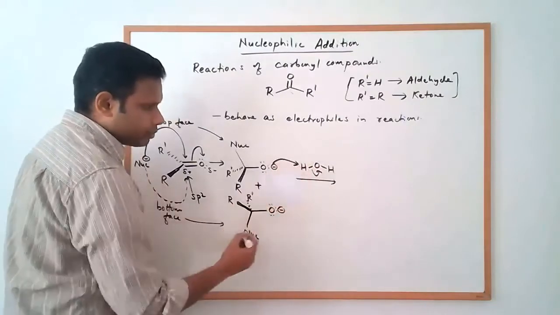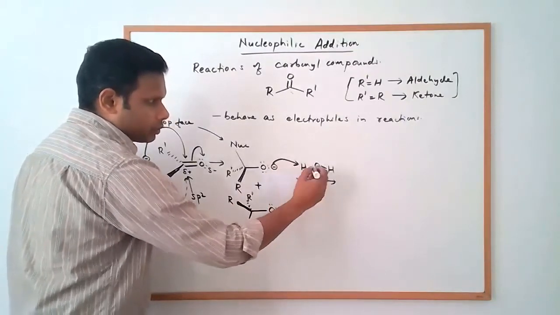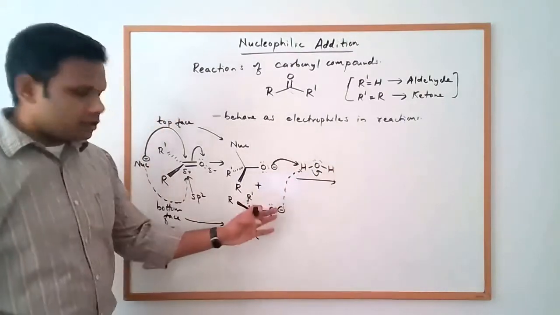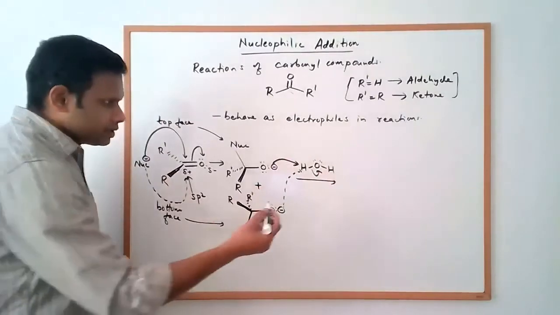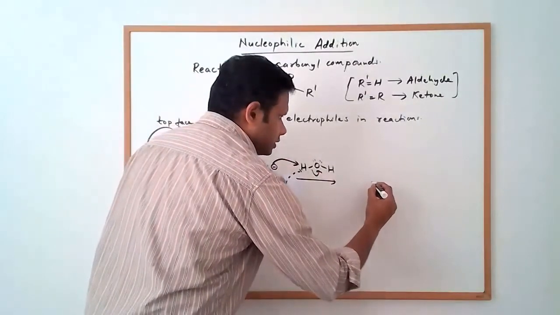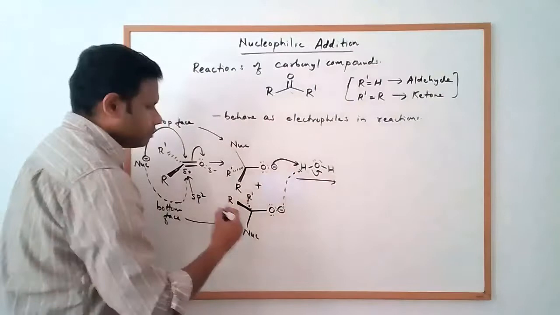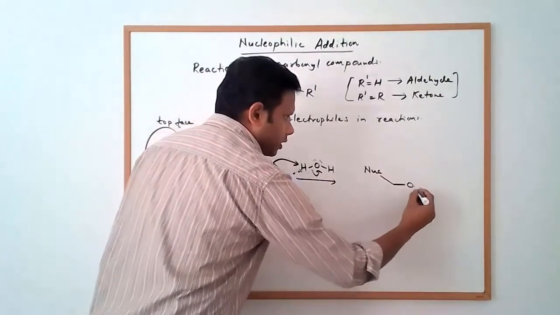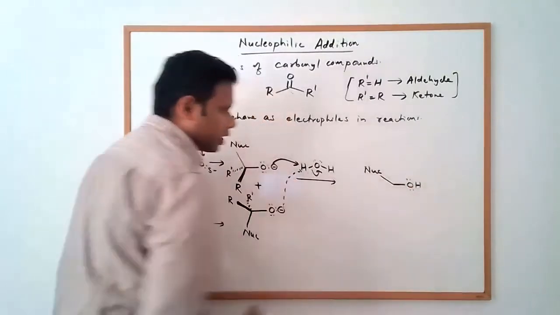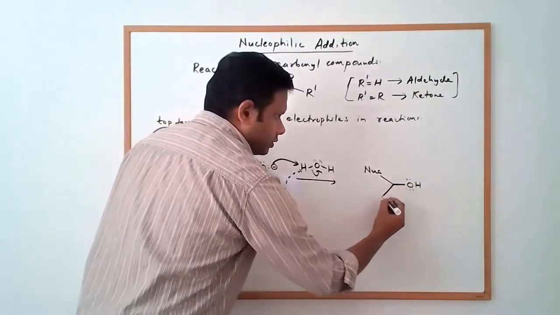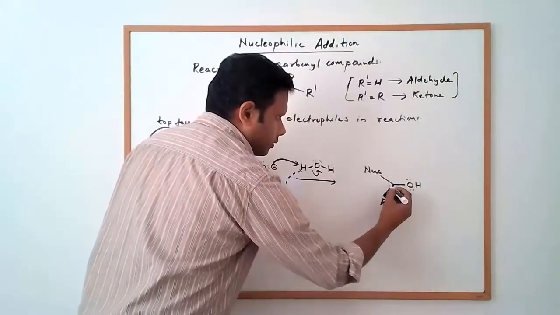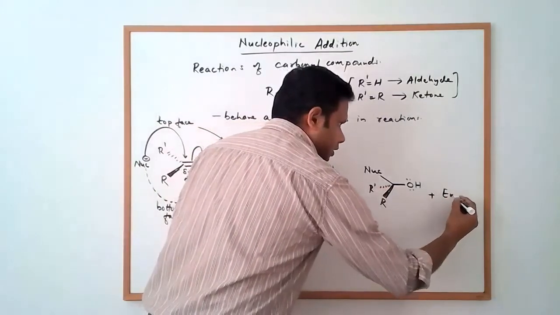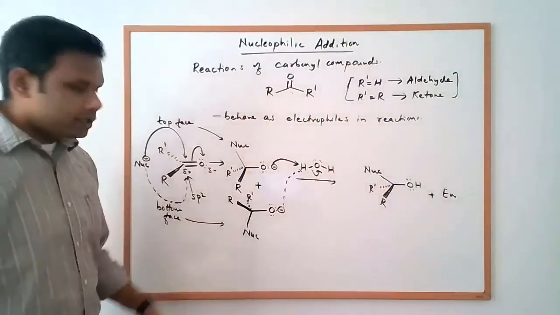The oxygen would pick up the proton, and electrons from that bond would go to the oxygen atom here. The same applies for this oxygen that can get protonated. So essentially what you get in the end is a molecule where the nucleophile is connected to that carbon, the oxygen has added a hydrogen to it, and you will get R prime plus its enantiomer.